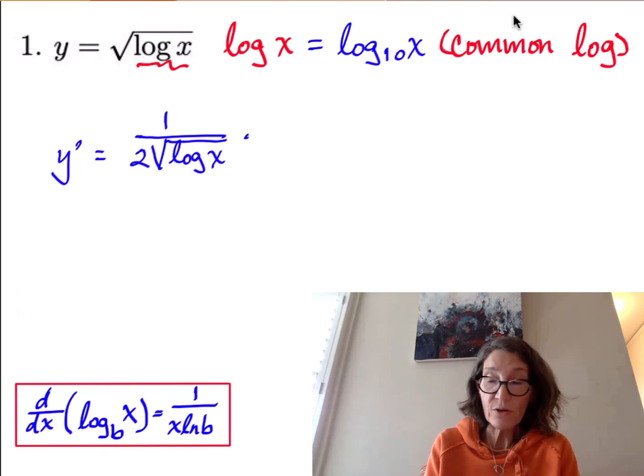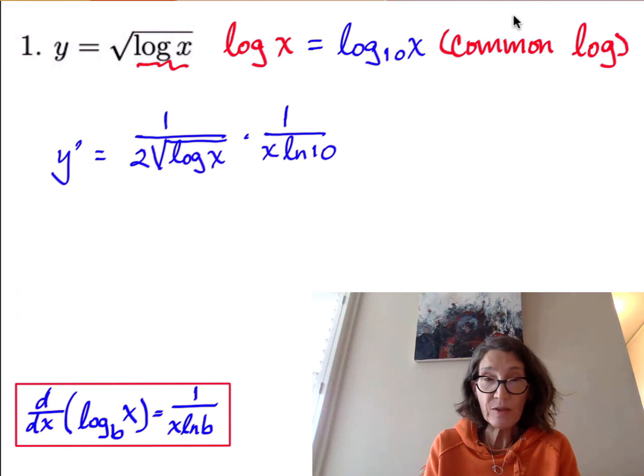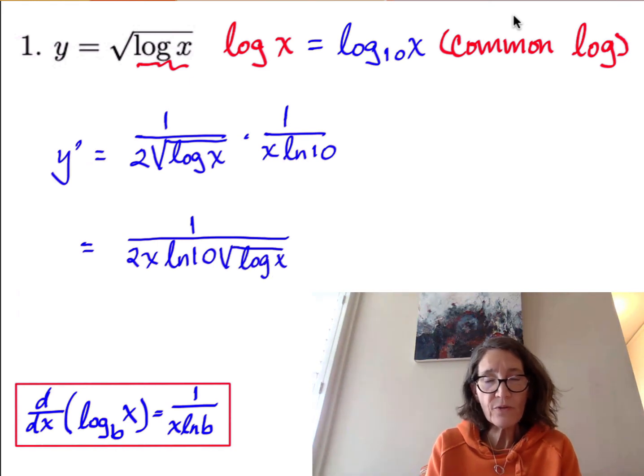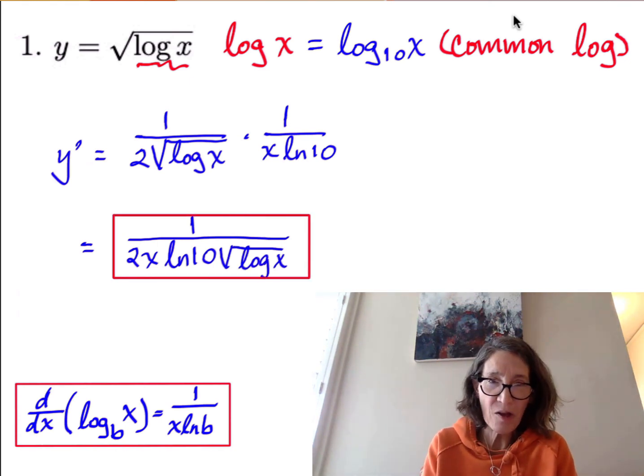So now we're using our new formula. The derivative of log x is 1 over x times the natural log of 10. And that's it. We could multiply those two fractions together, and write it as 1 over 2x natural log of 10 times the square root of log x.